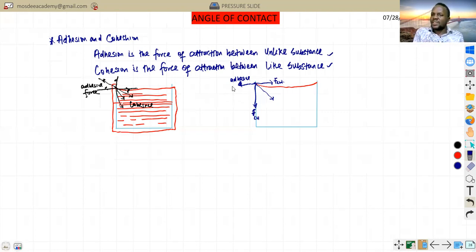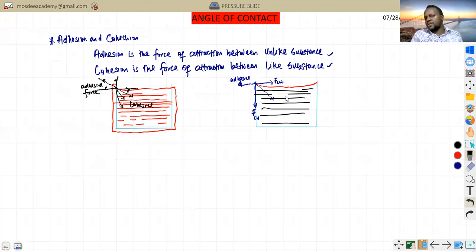So for us to know the shape the liquid takes when it is filled up here, we need to keep that at the back of our mind every time. Now, so far there is liquid inside this container. The liquid will start flowing, but the flow will take a particular shape, which we call the meniscus. The shape it will take depends on which of the forces has more power.